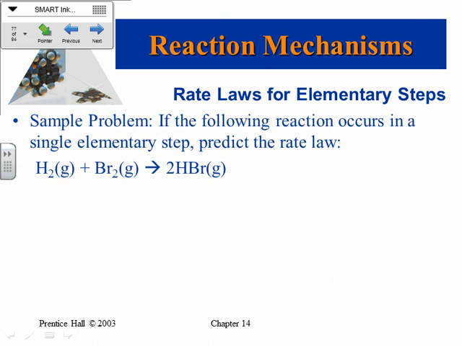All right, so if the following reaction occurs in a single elementary step, predict the rate law. So what we're saying here, now again, this is probably not a great assumption, is that this occurs in one elementary step, but let's assume that it does. So this is our elementary step. What would the rate law be for this?